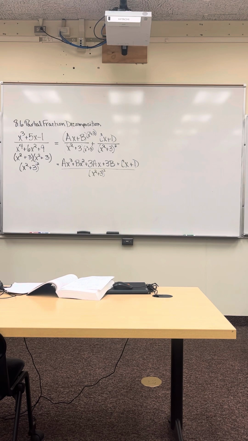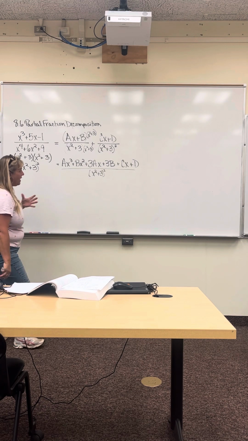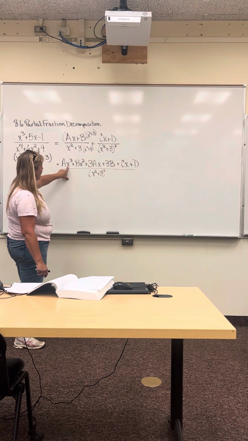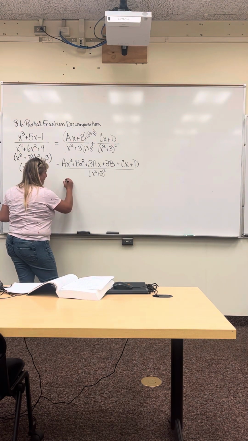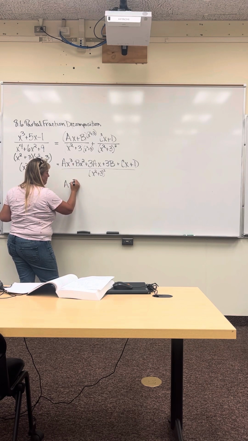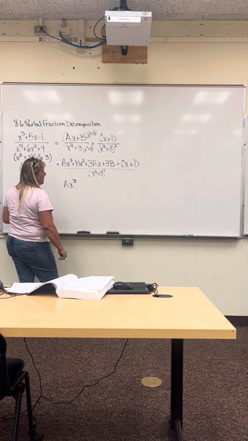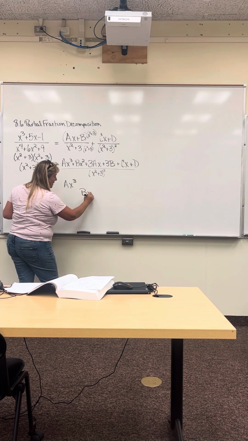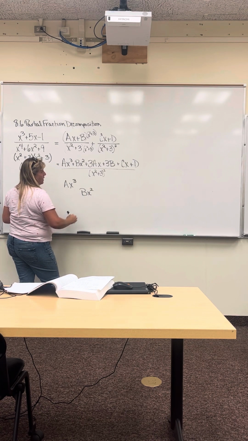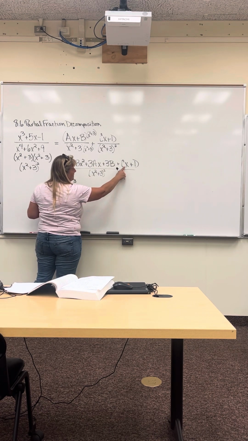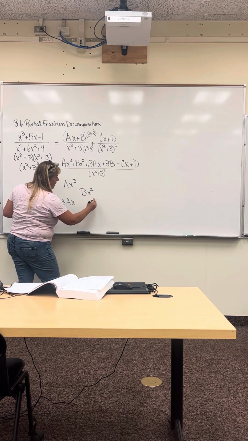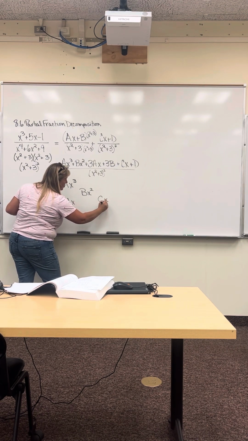Okay, so there we go with our numerator. Now, just like we did before, we're going to line up all of the x terms with each other. This one ends up looking a little bit ugly because there's nobody that goes with the ax cubed, and there's nobody that goes with the x squareds. So that's just going to be bx squared. Now, there is this guy and this guy for the x's. So I'm going to write that as 3ax, but then I'm going to write the cx over here.